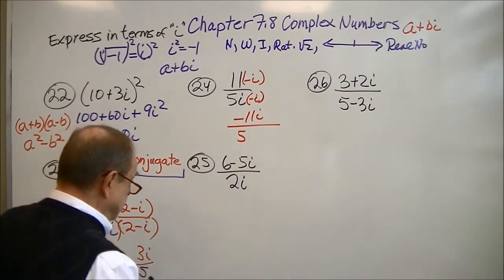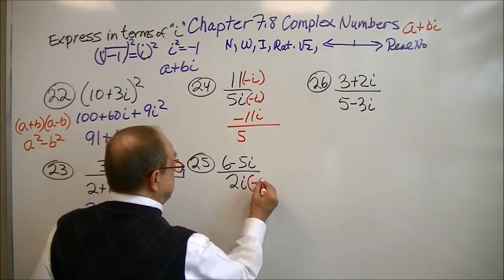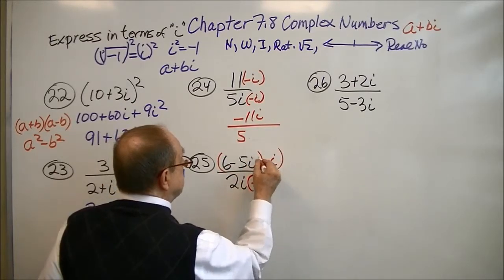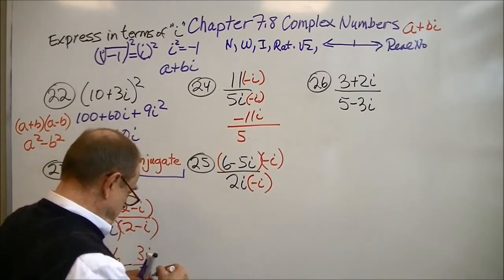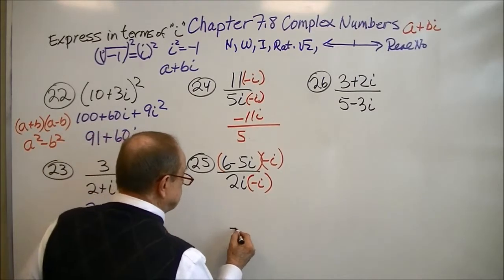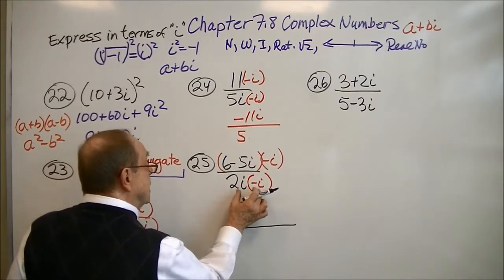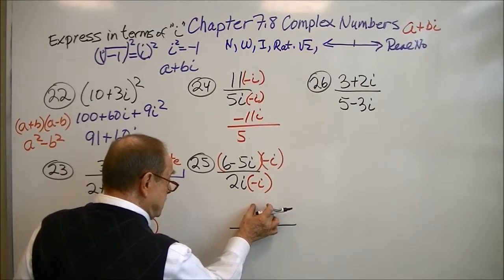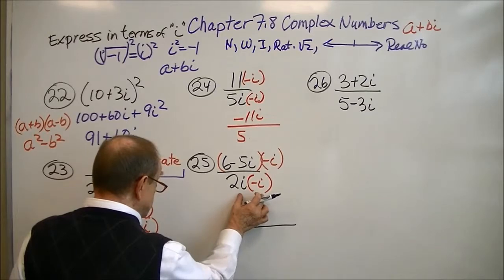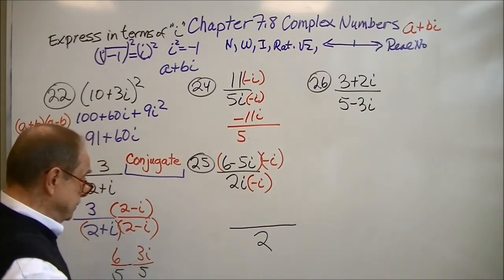So here, the same thing. We're going to multiply it by a negative i, and this by a negative i. So our denominator, this becomes a negative 2i squared, but i squared is a negative 1, so our denominator now becomes a positive 2.